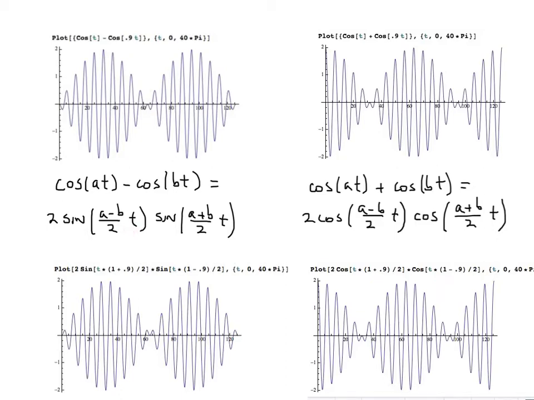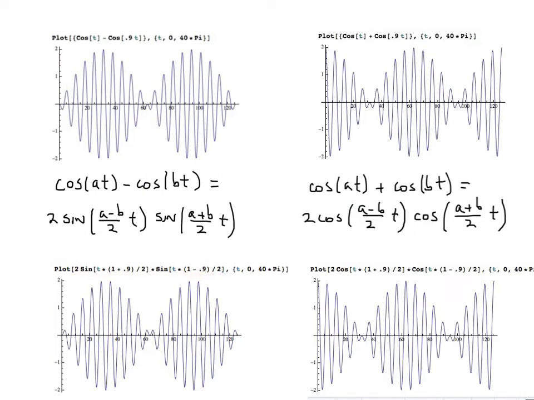I factor out a t, but that's the formula, times the sine of their sum, or the average of their sum, a plus b t divided by 2. And here you see with Mathematica I'm graphing that function, 2 sine, and it's 1 plus 0.9 divided by 2 and 1 minus 0.9 divided by 2.